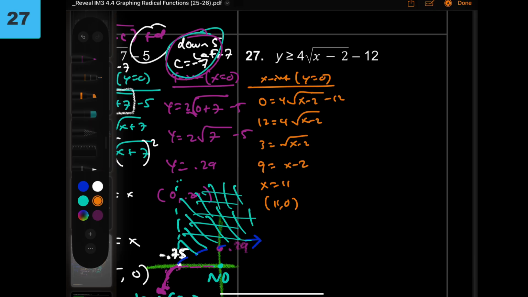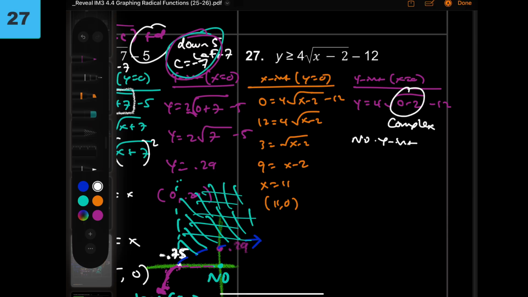Okay, let's do our y-intercept. Okay, already we have a negative, which means it's going to be complex, which means no y-intercept. Let's graph this.